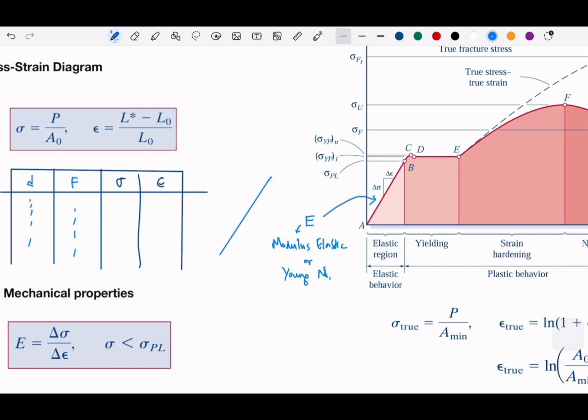Now, what is the modulus of elasticity? Of course, if you see the graph, the modulus of elasticity is when the stress and strain are in the elastic region, or they have a linear equation between those two. Of course, that is the definition. But what is the importance? What do you know of the E?